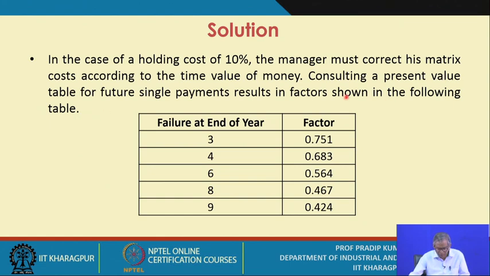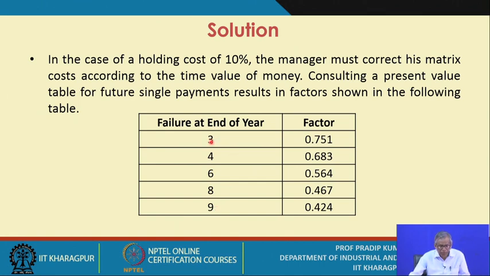Okay. So, what you try to do, that means you have to refer to this. Suppose there could be say 3 failures, 4 failures, 6 failures, 8 failures, failure occurring at the 3rd year ending, 4th year ending, 6th year ending, 8th year ending, 9th year ending.